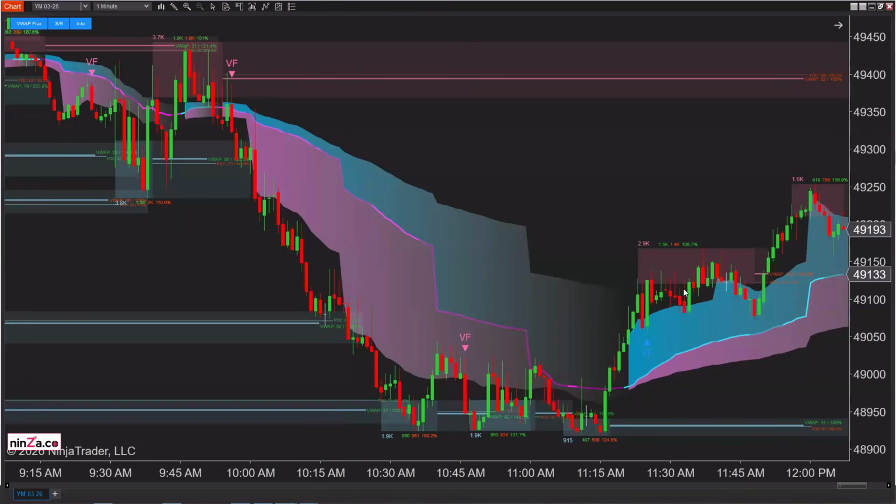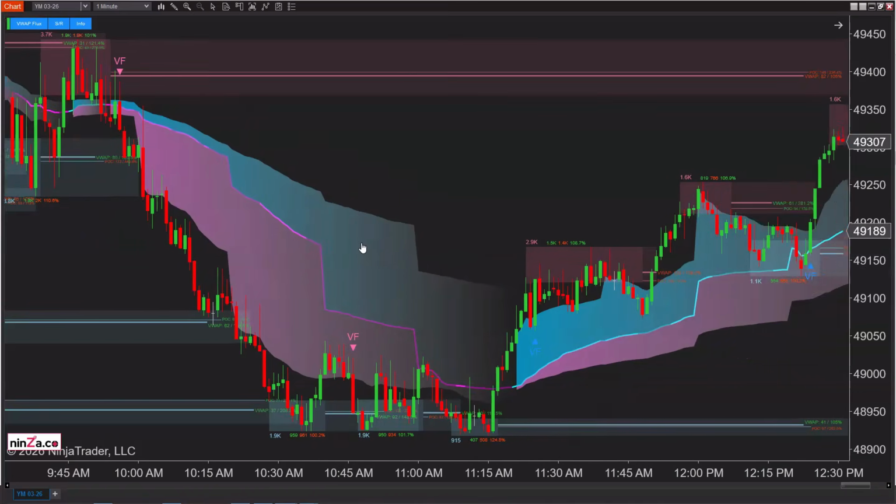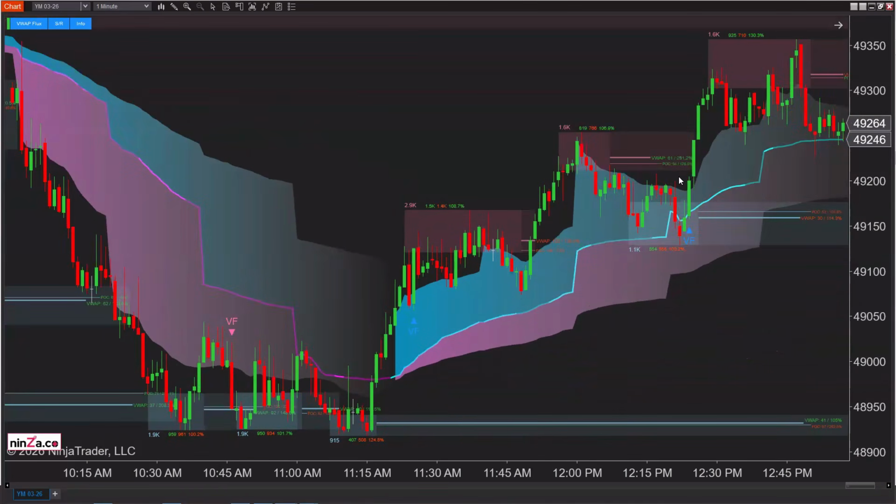Sure enough, we go bullish. And look at how quickly, compared to the other chart we looked at, VWAP Flux responds to the idea that we are now buying. We are now going higher.